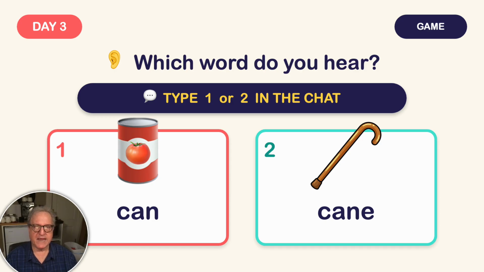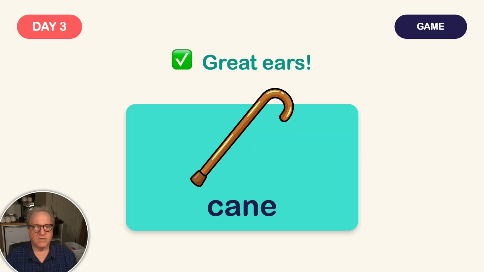I said cane. Now this one, listen to this one. Can. Short and quick. Can. And which vowel sound do you hear? Which word? Is it one or two? Yeah, it's one. Can. So on the left, one is can, and on the right is cane. Very good. Let's go to the next one.